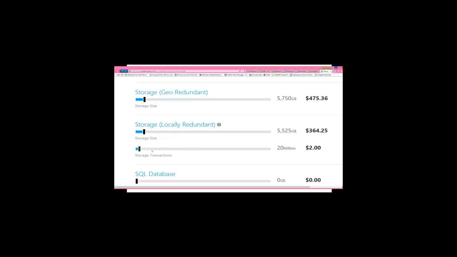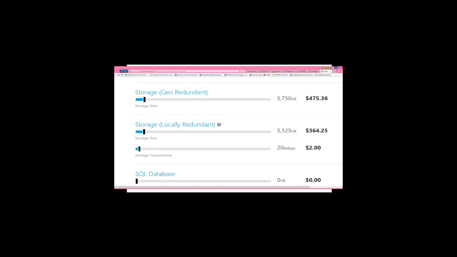The way that storage transactions can add up a lot is if you're using a page blob as a disk drive, such as in a virtual machine or in a Windows Azure drive. The Azure team actually decreased by 90% the cost of a storage transaction when the virtual machine infrastructure as a service capability lit up back in June. As a result of that, the cost of a virtual machine was just too high because these storage transactions added up so fast.